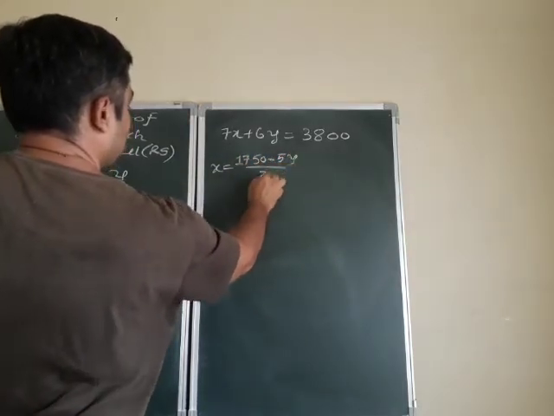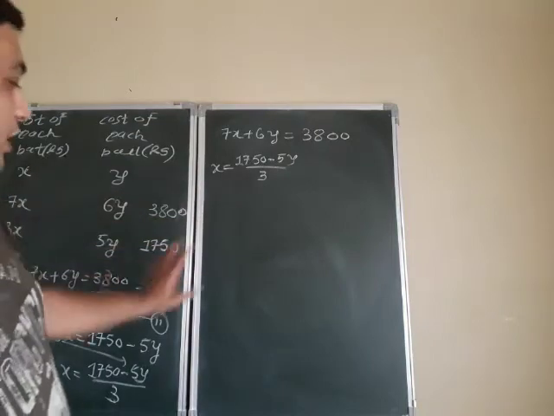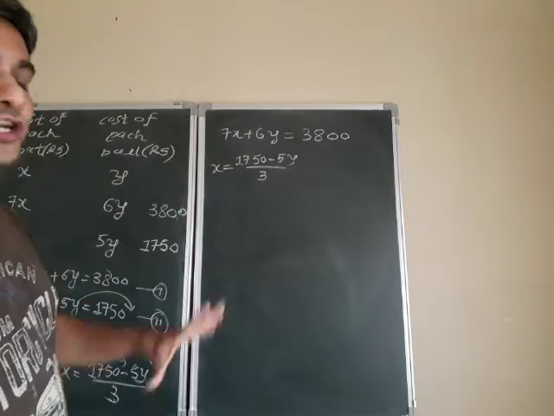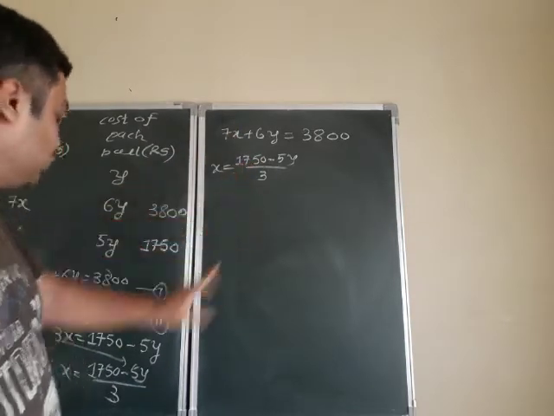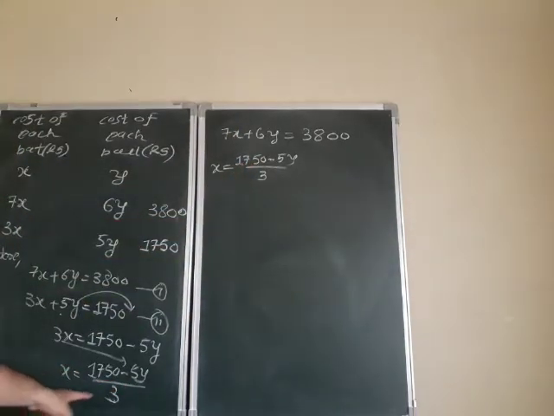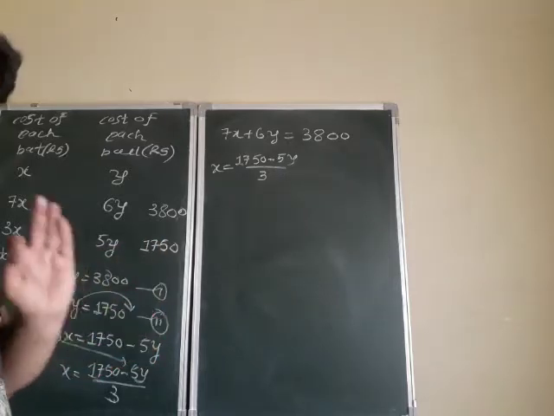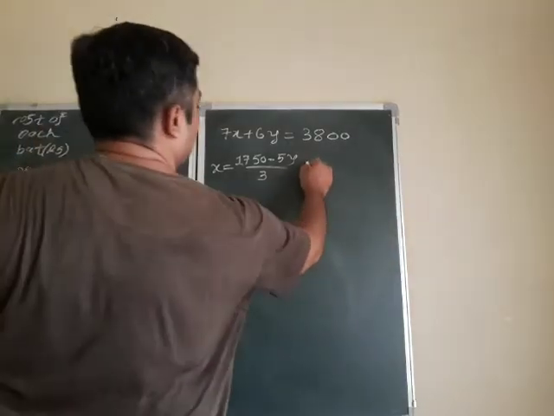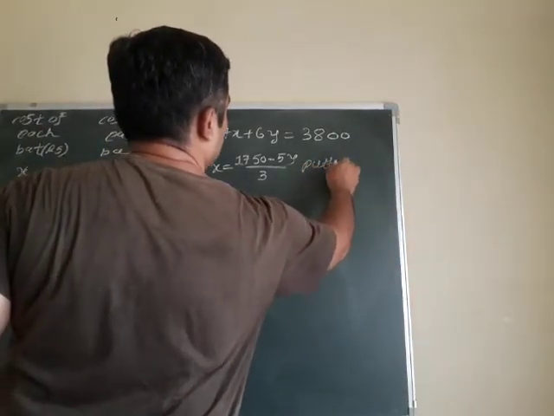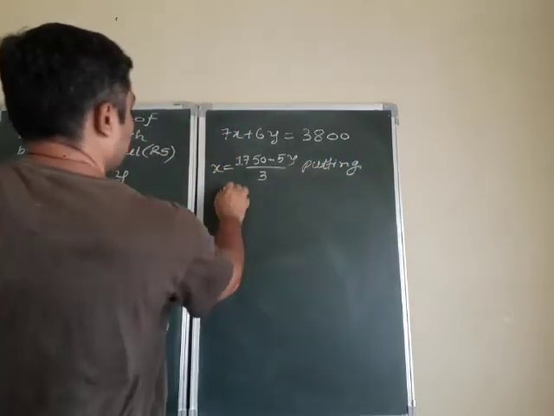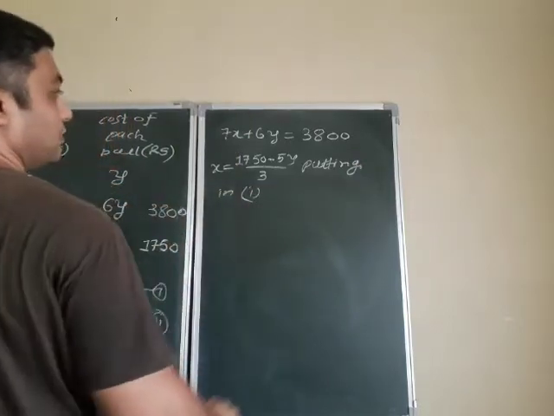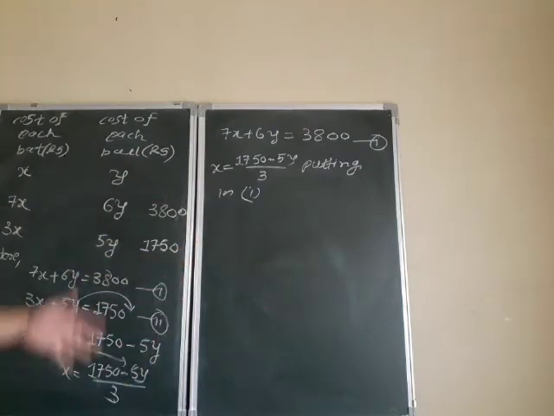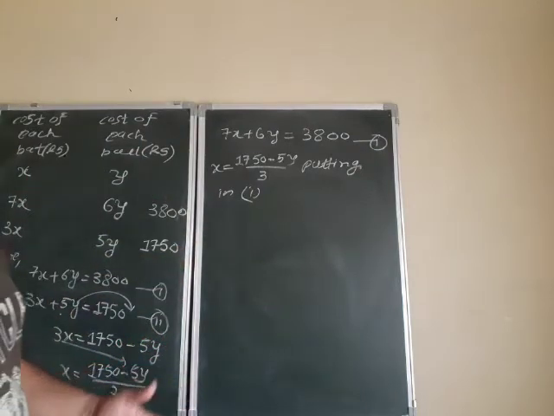I cross the board from here to here, so I write this repeatedly. Actually, once you are in continuity, you don't write this repeatedly. You just write that this value is substituting in equation 1. Understood? Substituting means this value we are putting in equation number 1. You don't need to write this repeatedly. You just go in a continuous process.